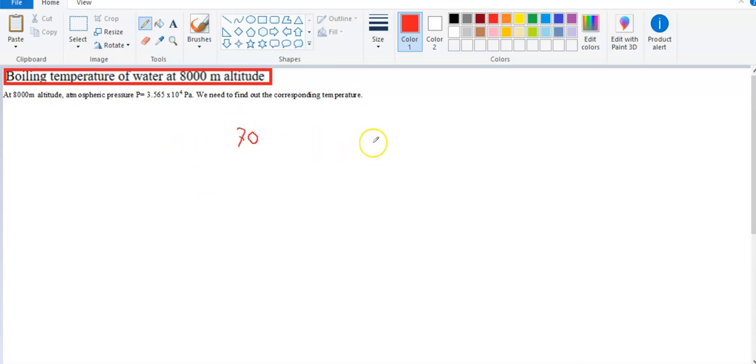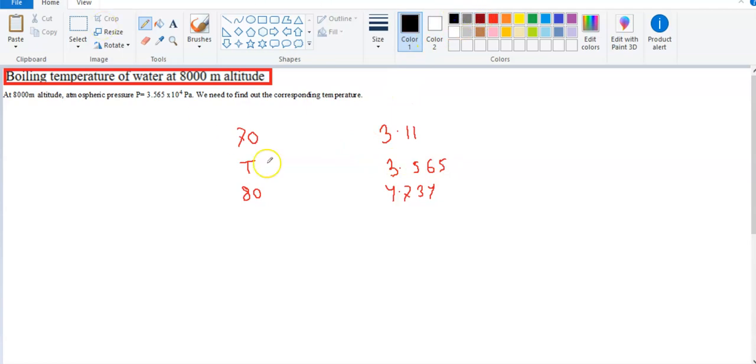When it is 70, we got the value 3.11. When it is 80, we got 4.734, and we don't know the temperature T for 3.565.